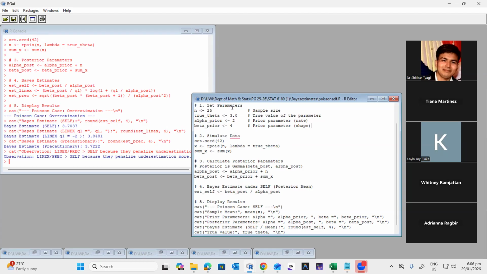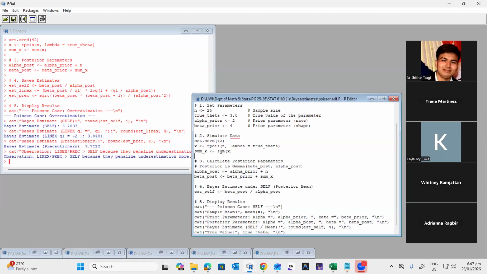We took the true value of theta as 3, the prior alpha as 2 and the prior beta as 4. You are free to choose the values of the hyperparameters, as I told you earlier, because our posterior distribution is in closed form, so we can choose whatever hyperparameter values we want.